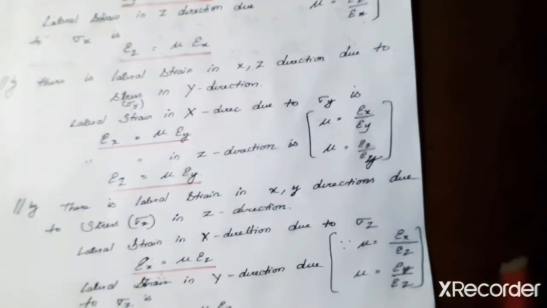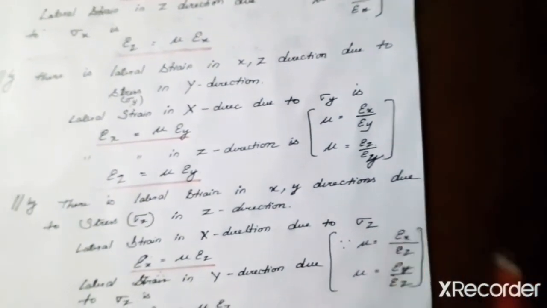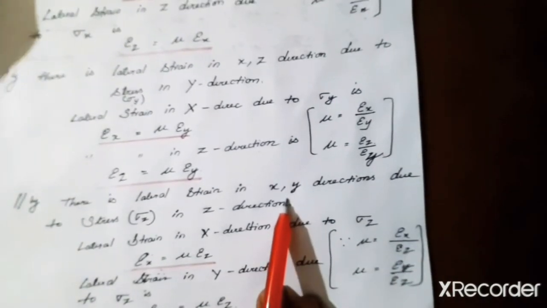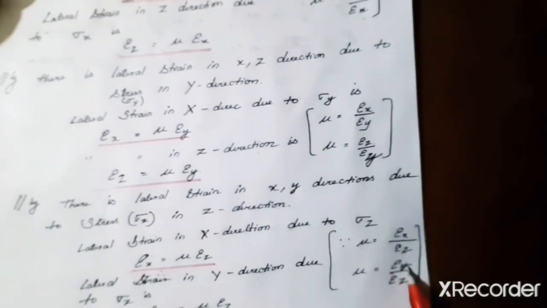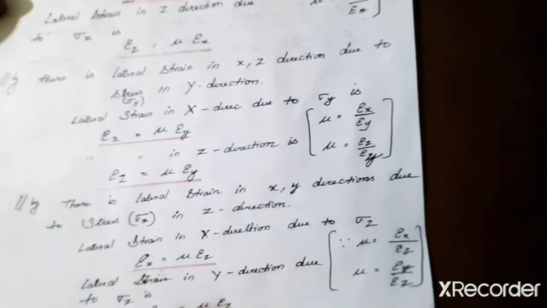Since sigma z is the stress, epsilon z is the longitudinal strain in z direction. Therefore, epsilon x and epsilon y are the lateral strains in x and y directions. So interchange them. Epsilon x equals mu into epsilon z, and interchanging this, we get this.